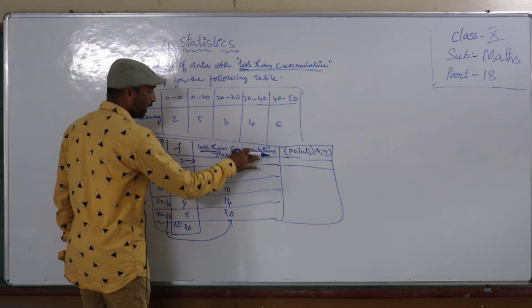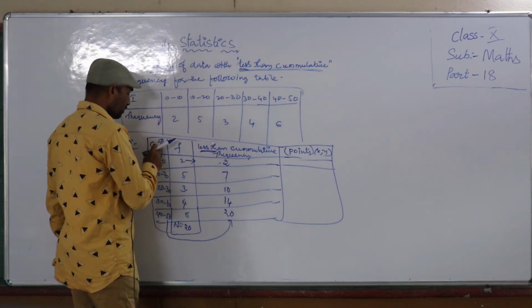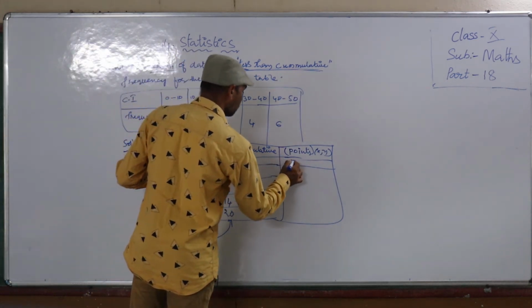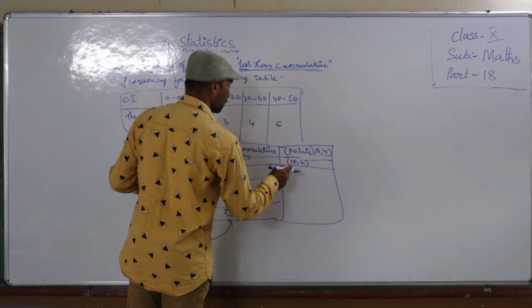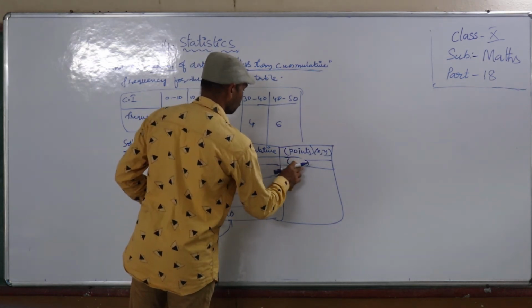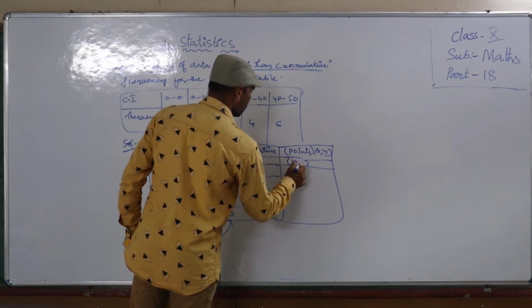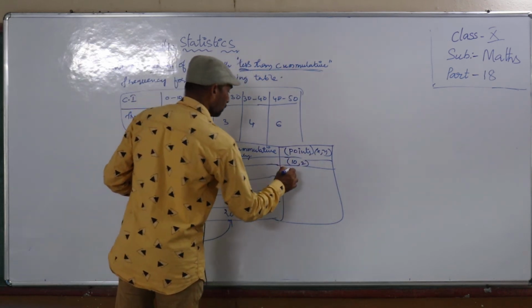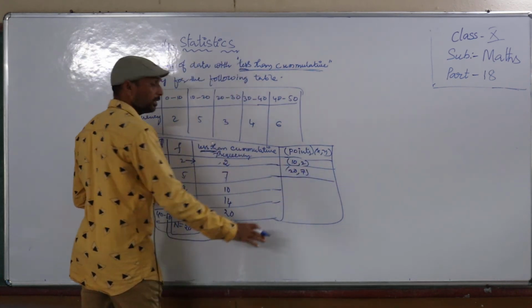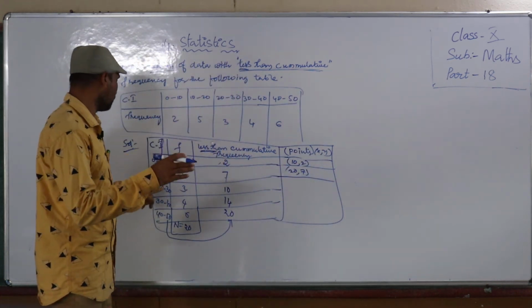Now what is given is less than cumulative frequency, so that's why we are taking upper limits, meaning the points. First you write this one: 10, 2, then 20, 7. If you want to write this, you can, otherwise just leave it.